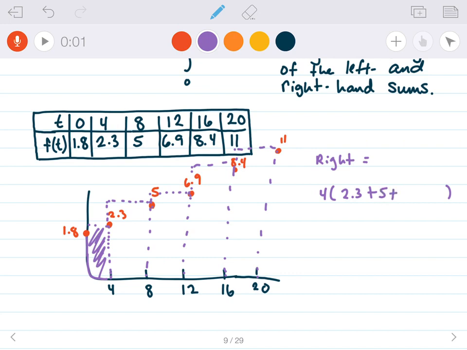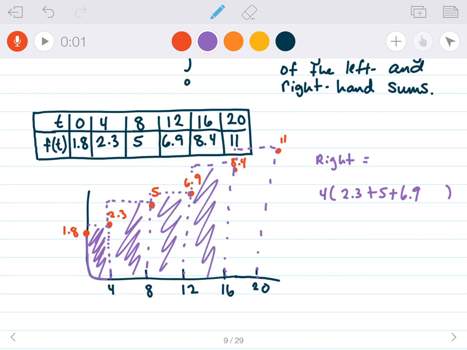Then 6.9. Then 8.4. I should have extended this a little bit. Plus 11. So I have 4 as my width for all of these, so that's on the outside. And if I do this in the calculator, I got 134.4.